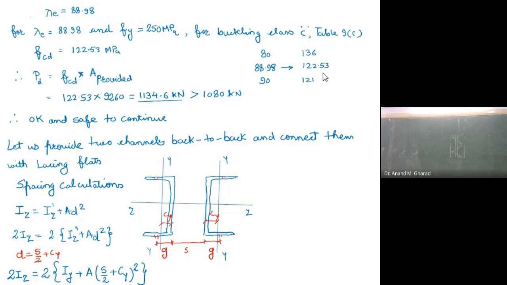Earlier I had tried a section which was I think 250 or so, ISMC 200, I don't know. ISMC 200 for that area was just more than what was calculated, but it failed over here. यहाँ पे वो फेल हो गया.